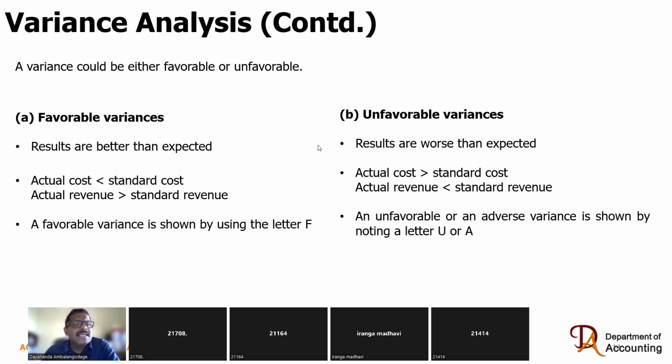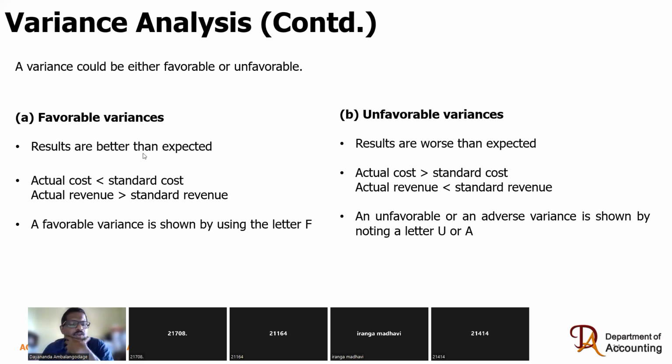Then variance analysis could be either favorable or unfavorable. Maybe in certain cases, since it's a mathematical calculation, make a plus එකක් වෙනවා වගේම negative එකක් වෙනවා වගේම මේක 0 වෙන්න පුළුවන්. Your targets may equal the actual, then the variance is 0.